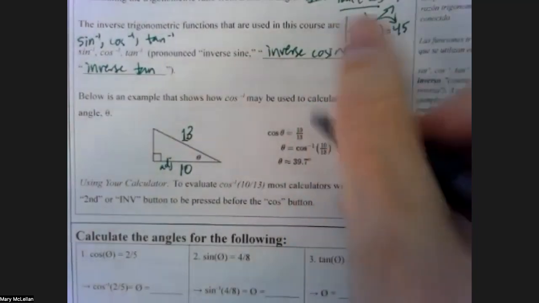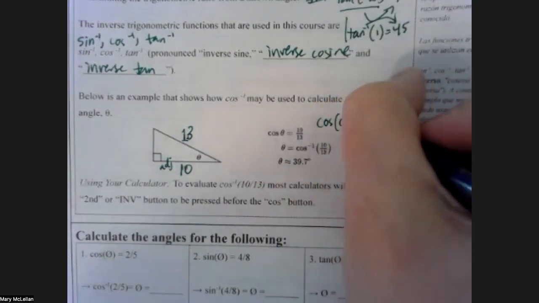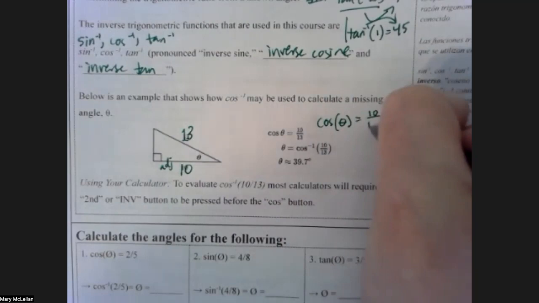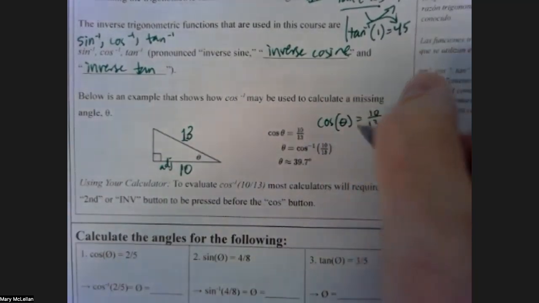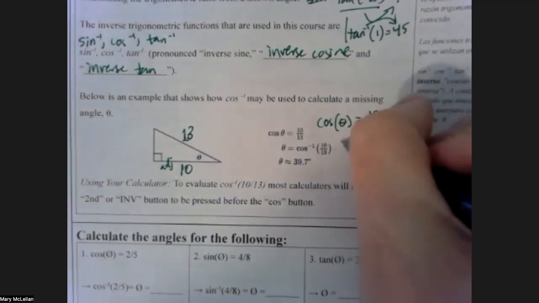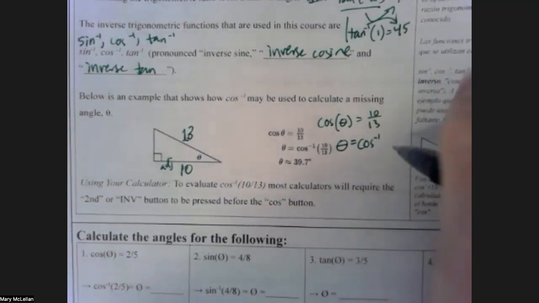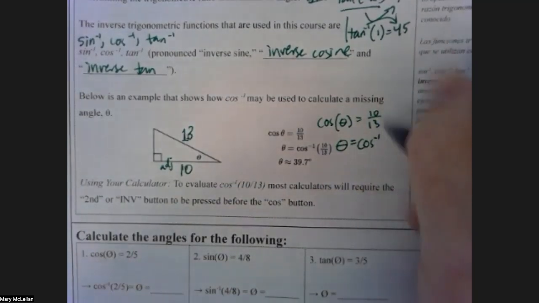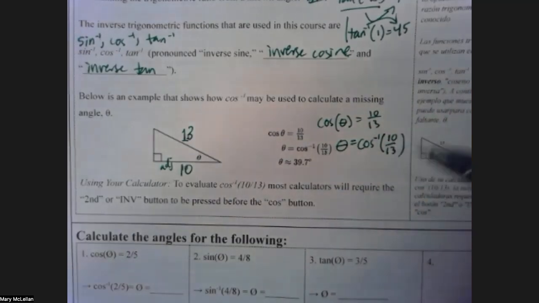And I'm just going to rewrite everything, even though it's on your page. Cosine of the angle is equal to 10 over 13 because that's adjacent over hypotenuse. And the angle itself can be found by writing cosine with a little -1, read as inverse cosine of that ratio, 10 over 13. And your calculator can do it.